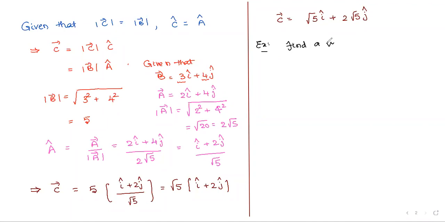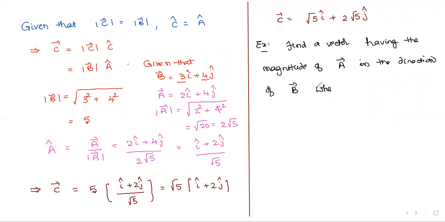Find a vector, same type, having the magnitude of a bar in the direction of b bar, where a bar is 2I cap minus 2J cap and b bar equals 6I cap plus 8J cap.